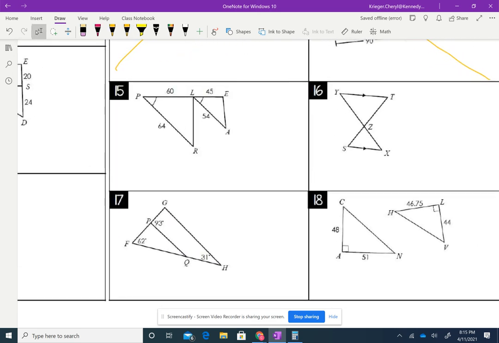So PL corresponds with LE. So 60 over 45 should be equal to 64 over 54. 60 over 45, 64 over 54. Okay.